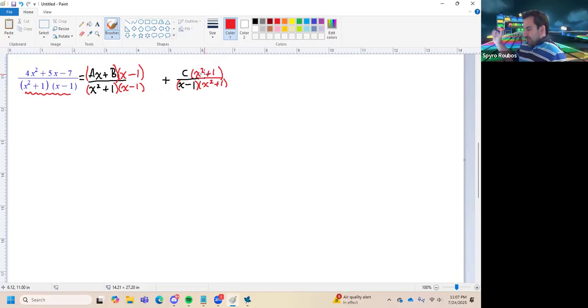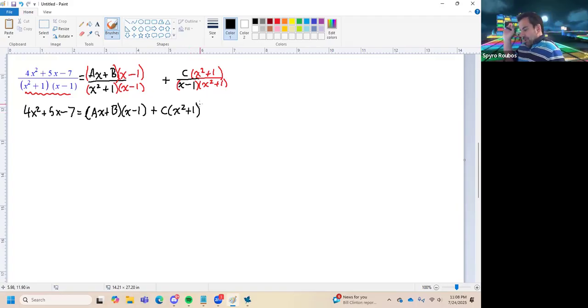Okay, so again, the denominator disappears. We end up having this equals ax plus b, x minus 1, plus c x squared plus 1.